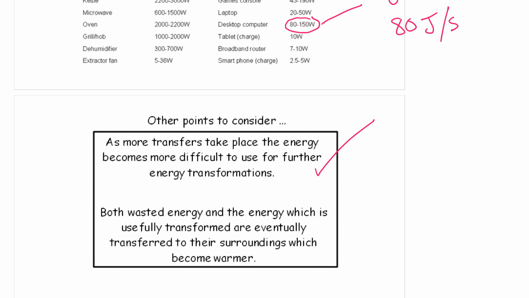If you transfer electrical energy into heat, how are you then going to use that hot water to power something else? It would be quite difficult. Not impossible, but difficult to then convert the heat energy in that water into other forms of energy.